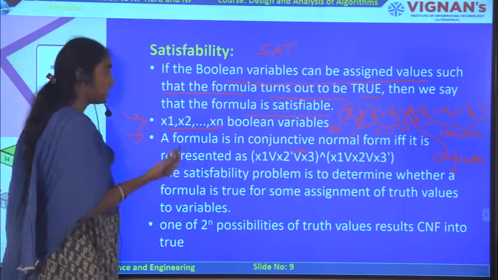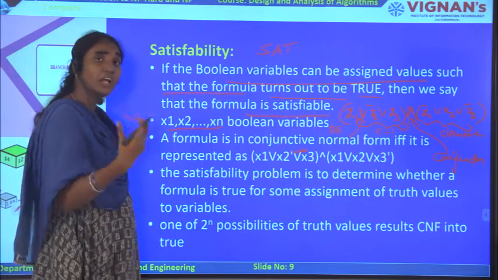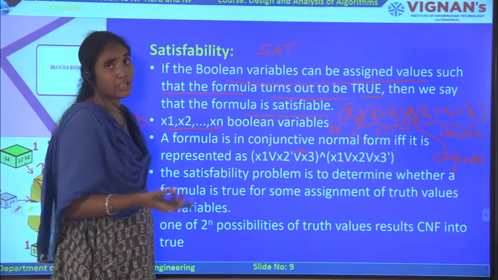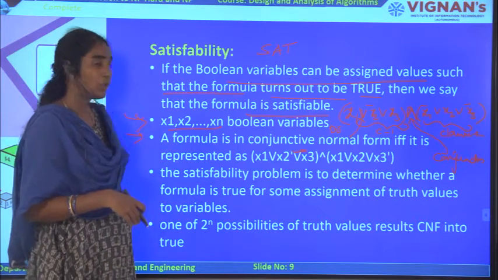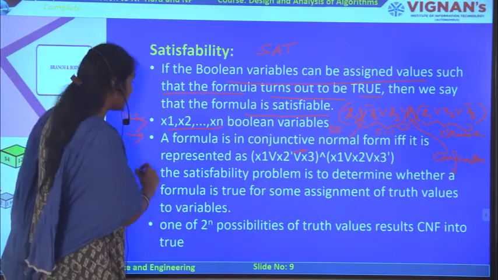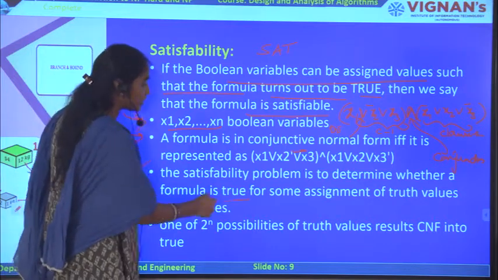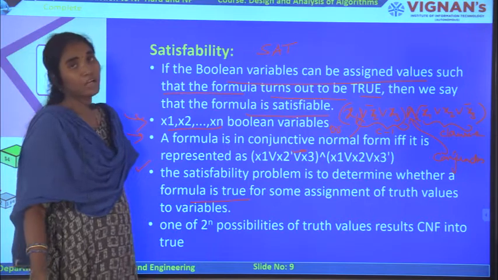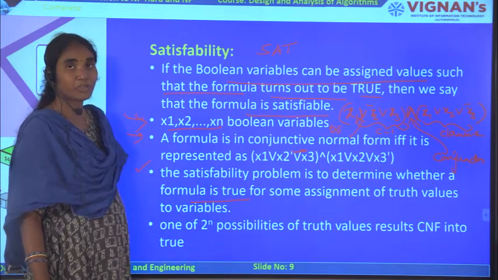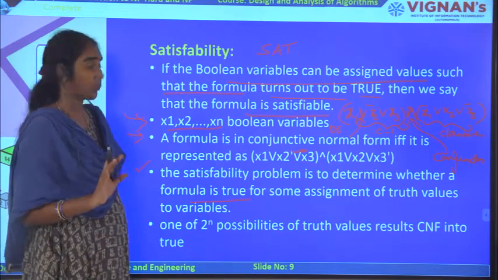That's why it is a conjunctive normal form. Now the satisfiability problem is to determine whether a formula is true for some assignment of truth values or not. For some assignment of truth values, I should have true, right?